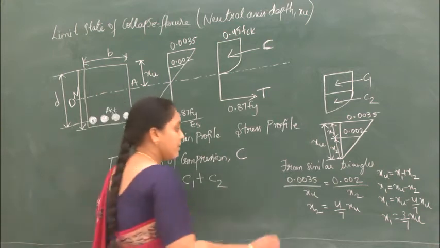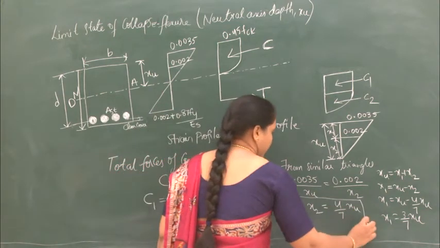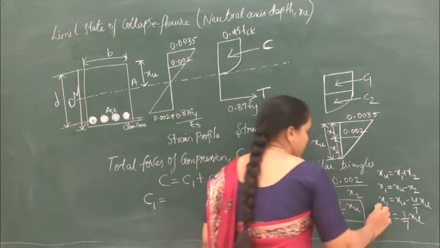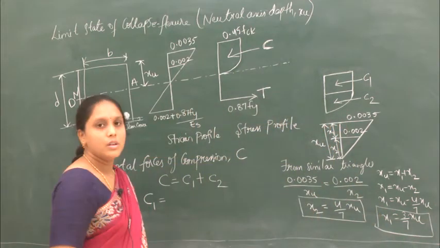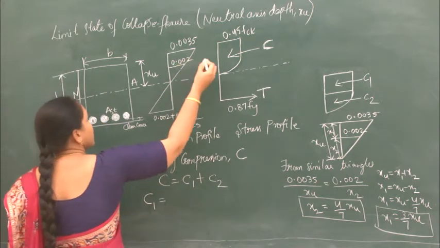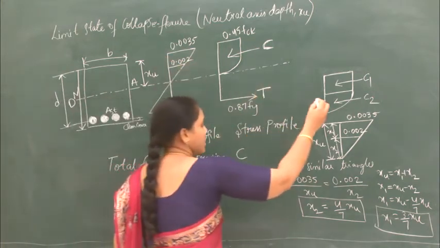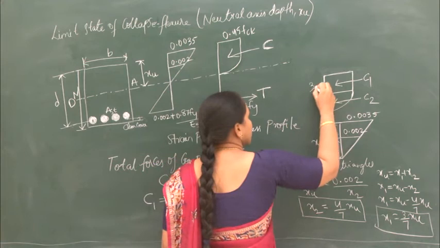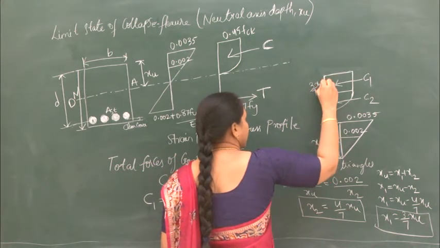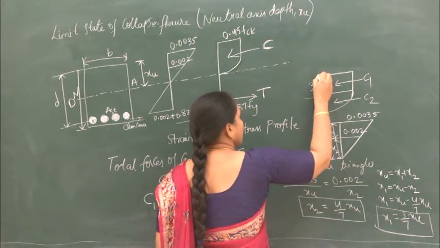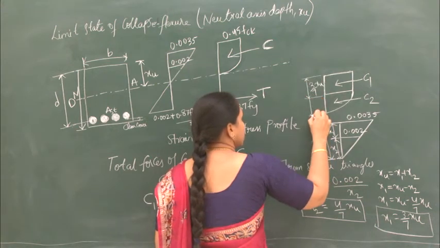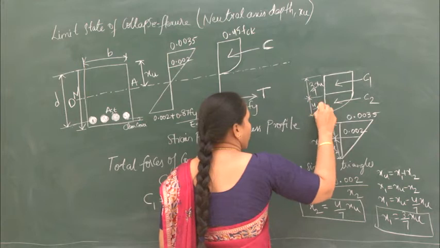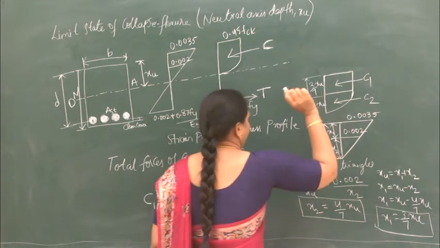Now we have found the values of x2 and x1. So x1 is 3/7 xu and this distance is 4/7 xu.